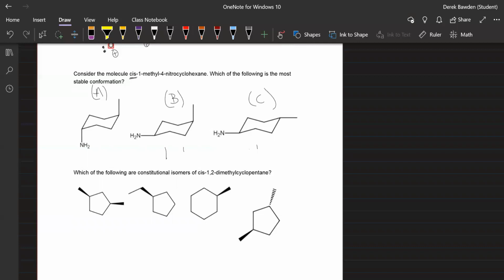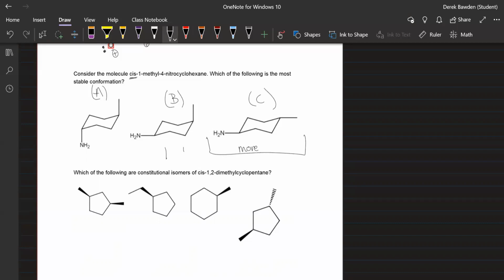All right, so let's talk about this. First of all, the most stable conformation is going to be the one in which your largest group is equatorial. Eli thought C because both of our groups are equatorial here, so more stable.